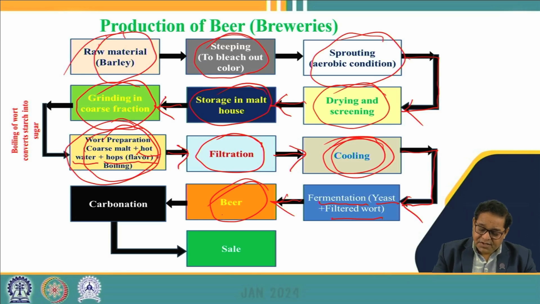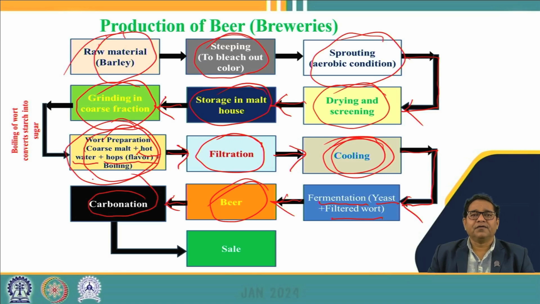After the beer is produced, to improve taste we carbonate the beer, wherein carbon dioxide is purged into the liquor, and finally this carbonated beer is sent for sale into the market.